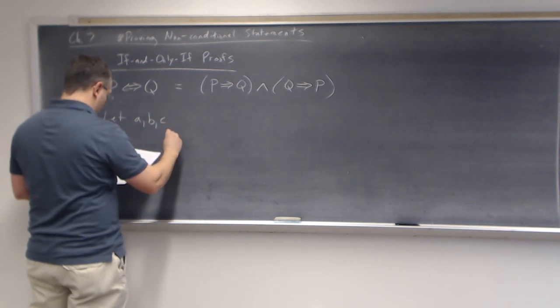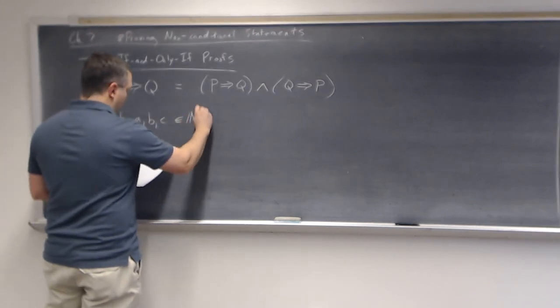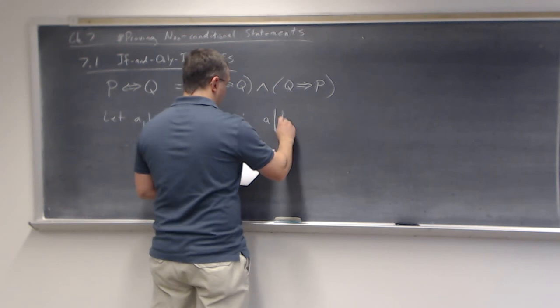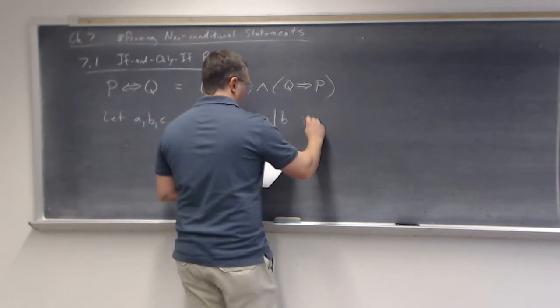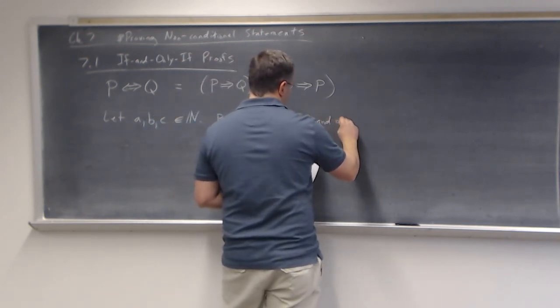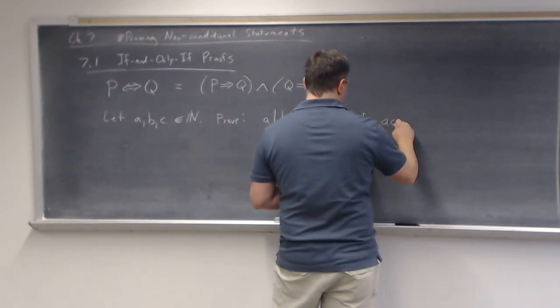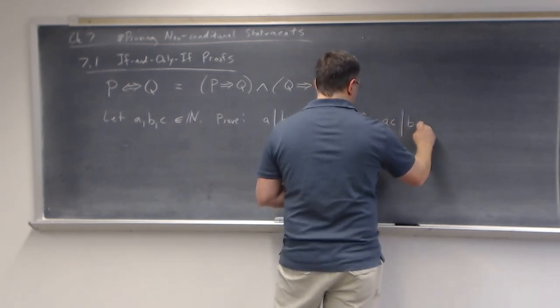Let A, B, C be natural numbers. Prove A divides B if and only if AC divides BC.